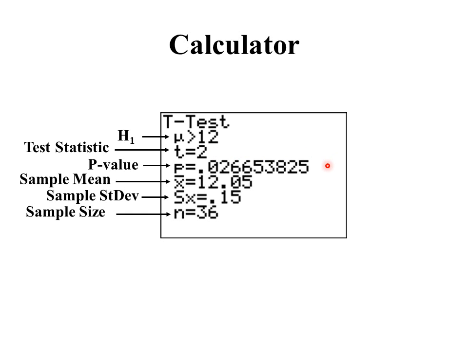And then this right here is the most important number for our purposes. It's the p-value. P is 0.0266. And so that gives us our p-value. Next, it outputs our sample mean, standard deviation, and sample size. It does that just so we can double check our work. So there we go. That's all there is to calculating the p-value for a t-test on the calculator.